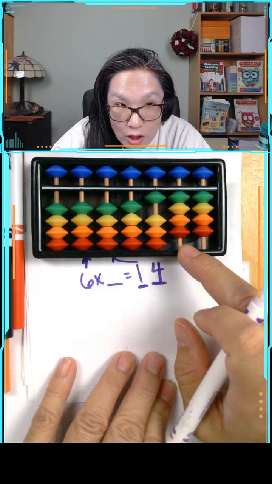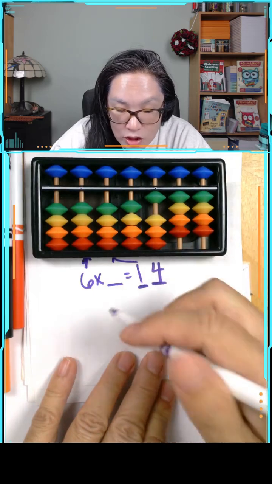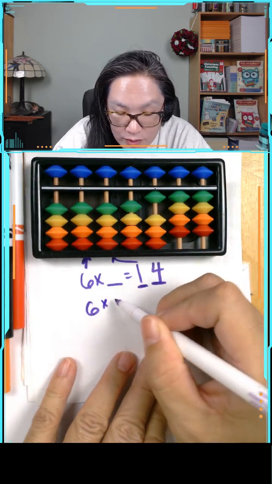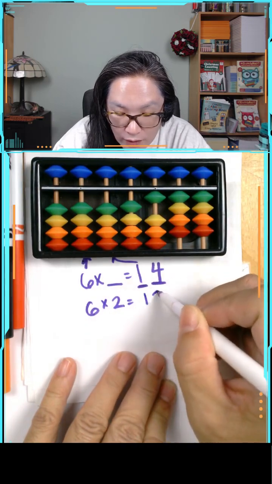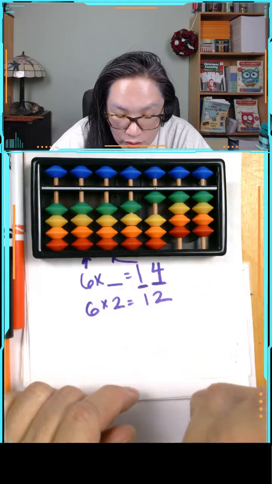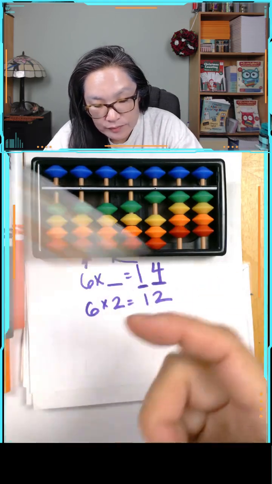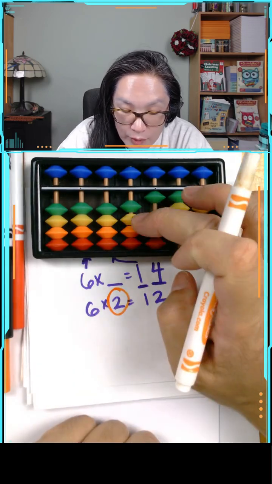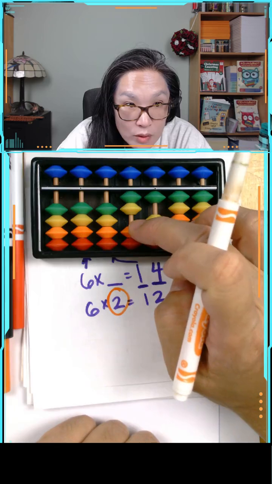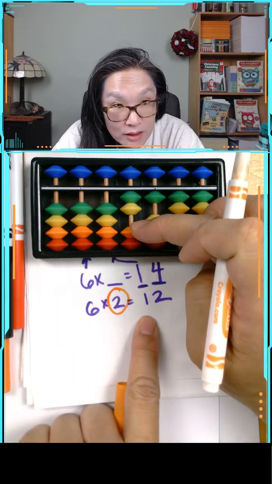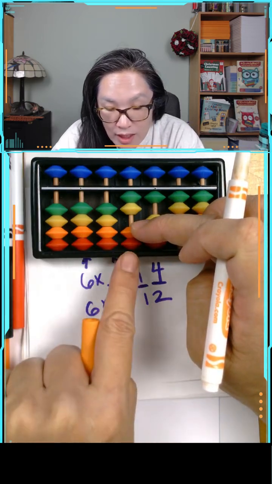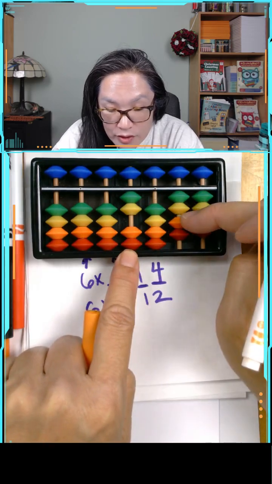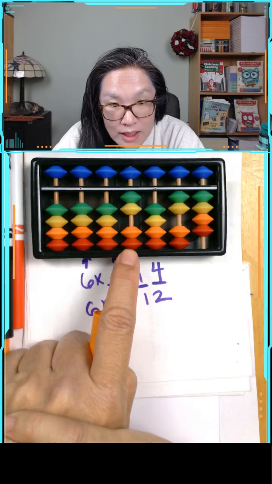We're going to use our dividend on the abacus. So we have 6 times 2 is equal to 12. 2 is my divisor. No, 2 is my quotient. I put 2 on the abacus. There's my quotient. I take away 1 and I take away 2. What did I do?